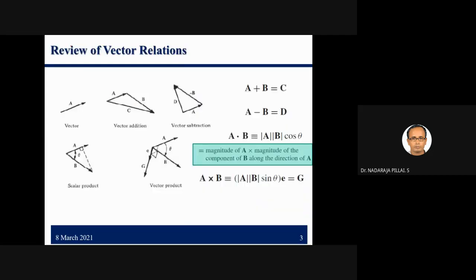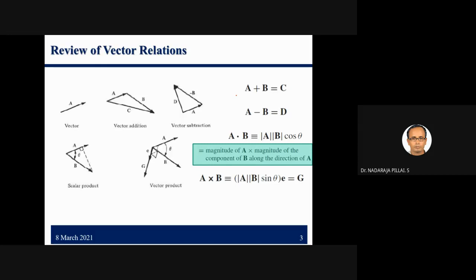Let us start with the review of vectors. We consider a vector quantity A, having both magnitude and direction.